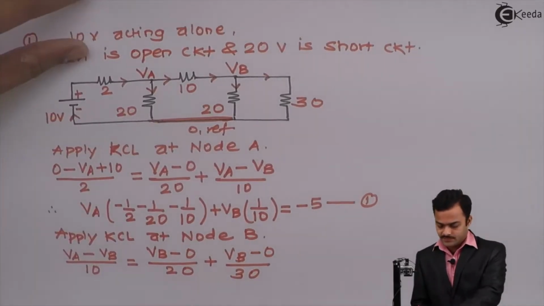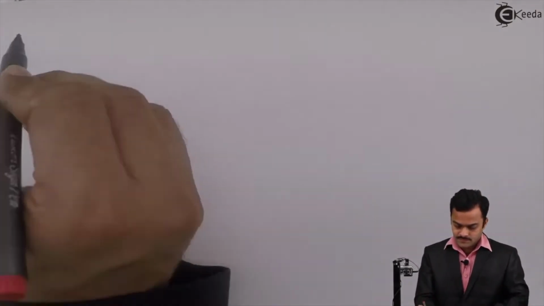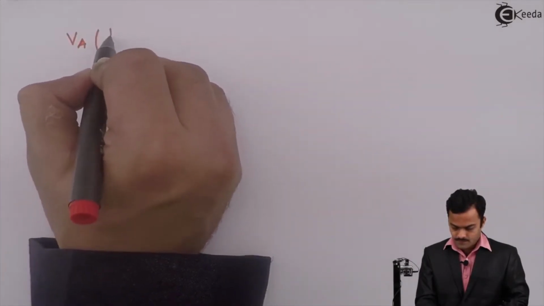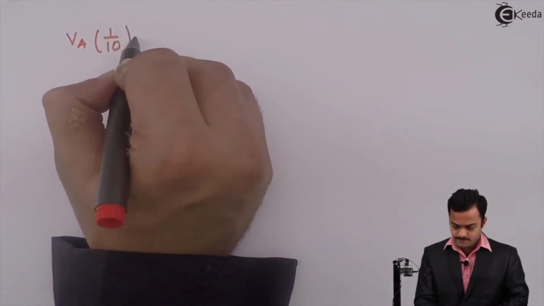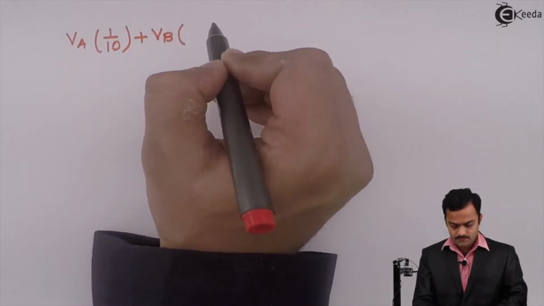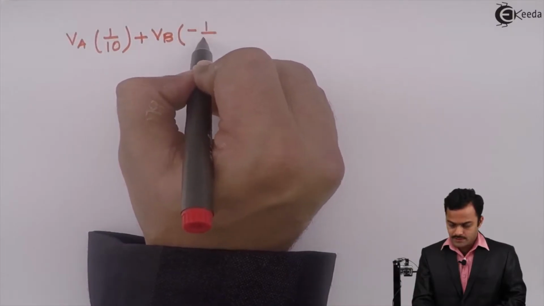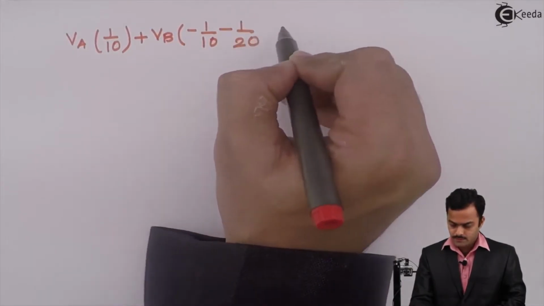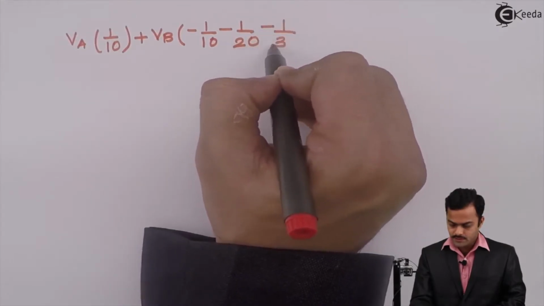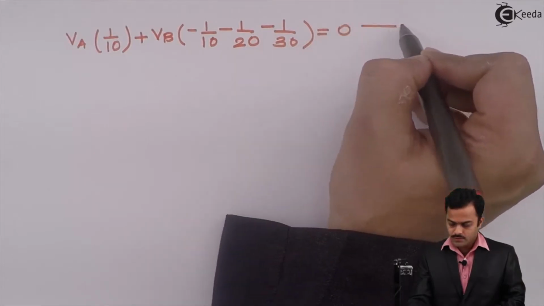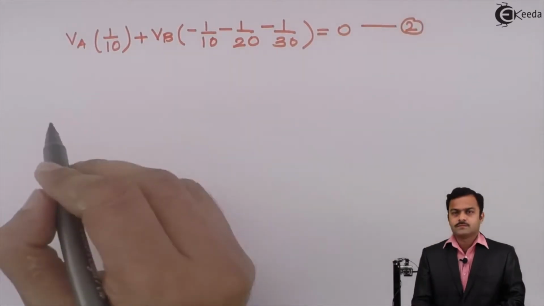Let's rearrange the terms. So it will be VA 1 by 10 plus VB minus 1 by 10 minus 1 by 20 minus 1 by 30 equal to 0, equation number 2.